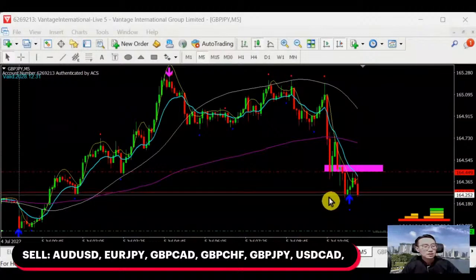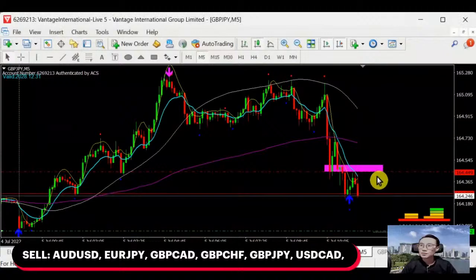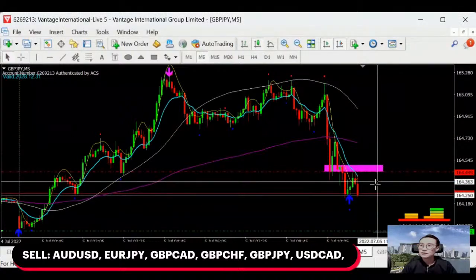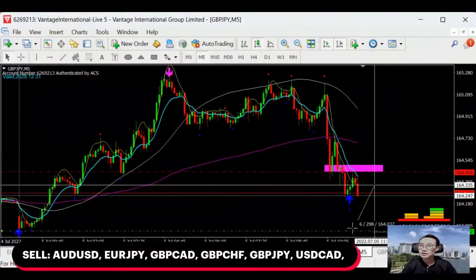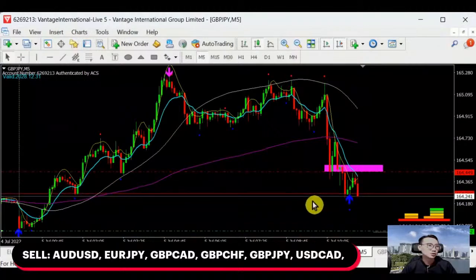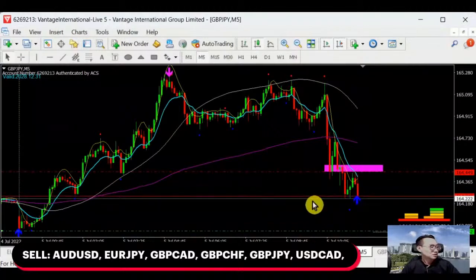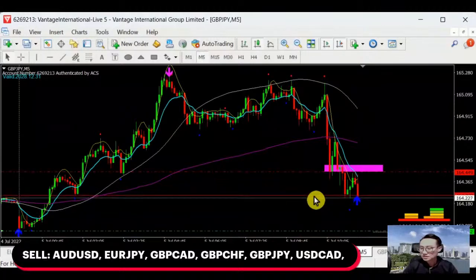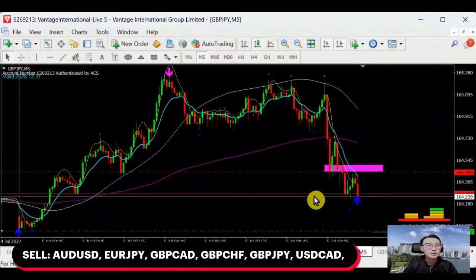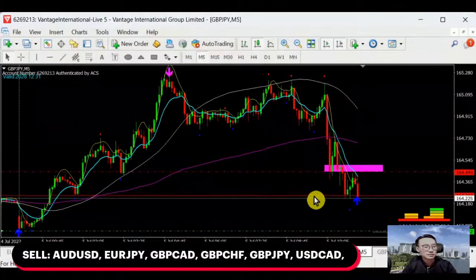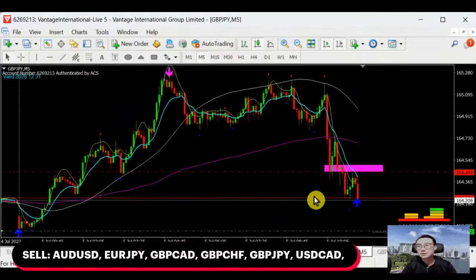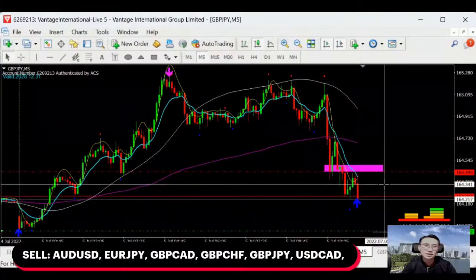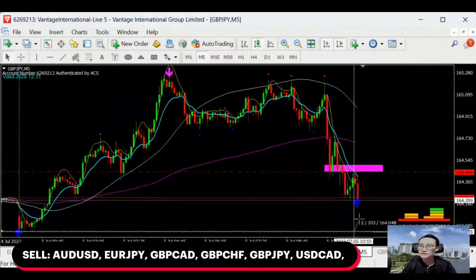Okay, Pound Yen. If you entered roughly here, at the engulfing candle, you have over 30 pips to go. I think roughly, like I said, the 25%.